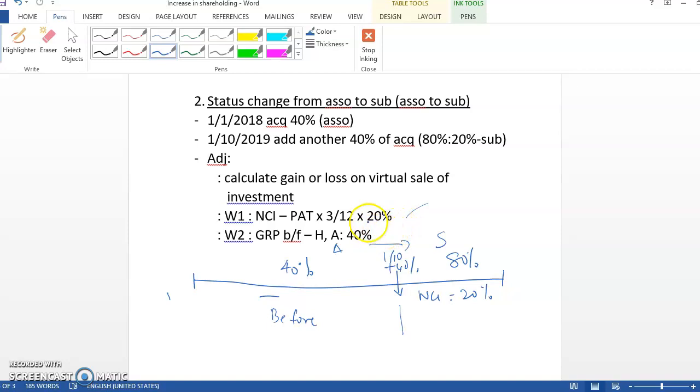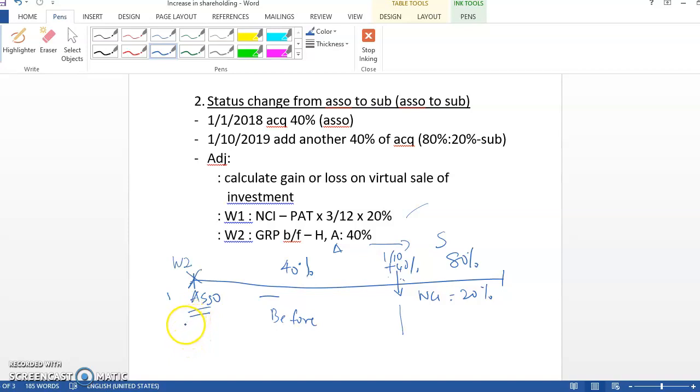When we calculate working number 2, the status of the company at the beginning of the year is ASO. Because they add 40% here, but at the beginning of the year, status is ASO. When the status is an associate, working number 3, they don't have the NCI. Because as I mentioned before, working number 2 and working number 3 is a partner. So if there is no subsidiary, there is no NCI for that particular company.